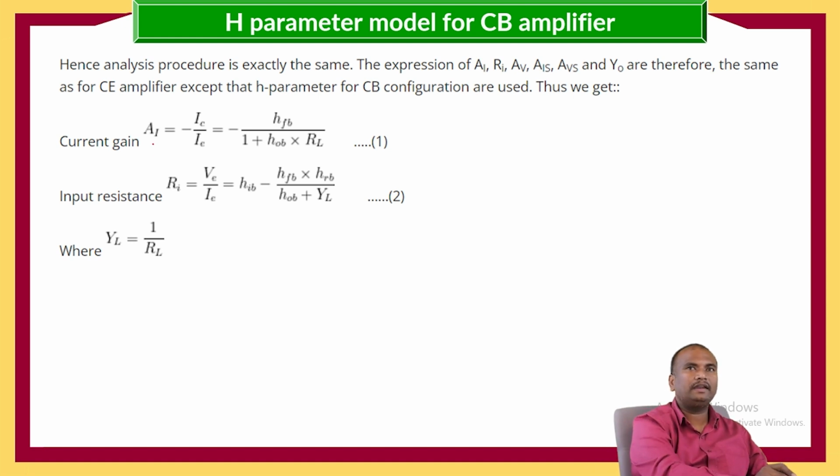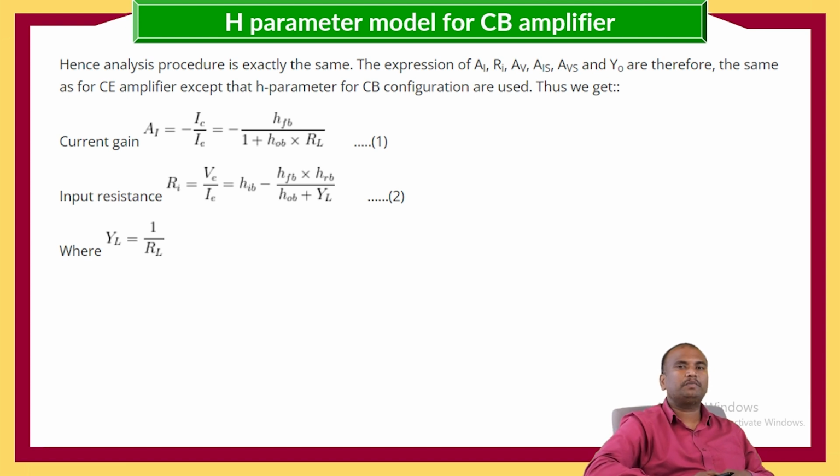Here the current gain AI is equal to minus IC by IE, that is equal to minus HFB by 1 plus HOB into RL, and input resistance RI is equal to VE by IE, because the input voltage and input current are the emitter voltage and emitter current.